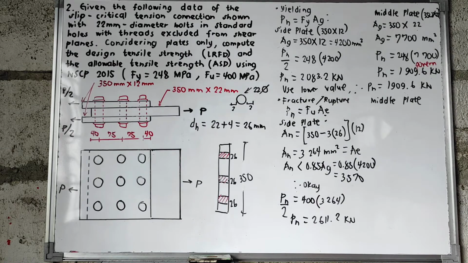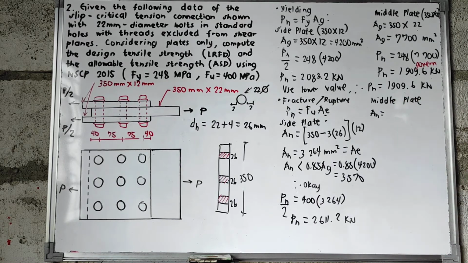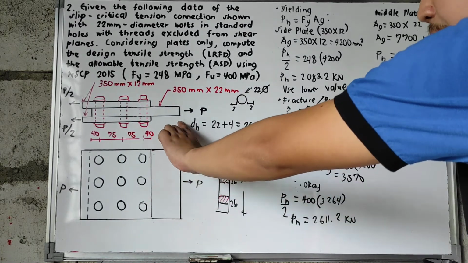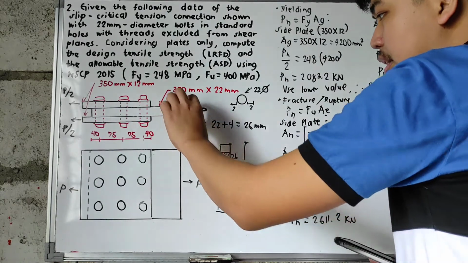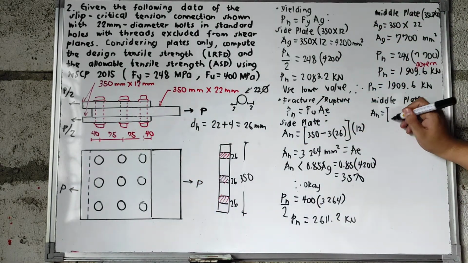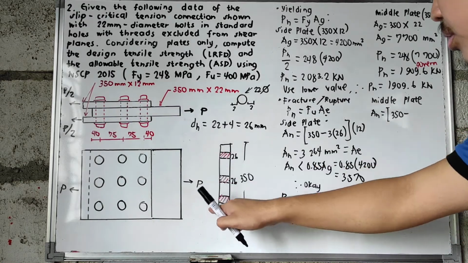Okay. So, for this one, kunin natin yung net area natin. That is equal to, so same lang sila ng width ng side plate natin, wherein dito sa middle plate natin, yung width niya, that is also equal to 350 minus, so kung ilang butas yung makikita natin, so we have 3: 1, 2, 3.